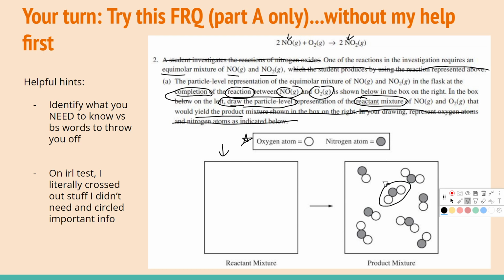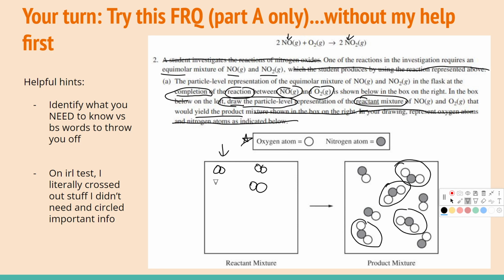So I have one here, I have one here, I have one here, and then I have one here. So those products need to be back to the reactants because that's what reacted, right? And we have extra NOs just chilling. So I should have these extra NOs in this diagram already. So I'm going to go ahead and draw those.